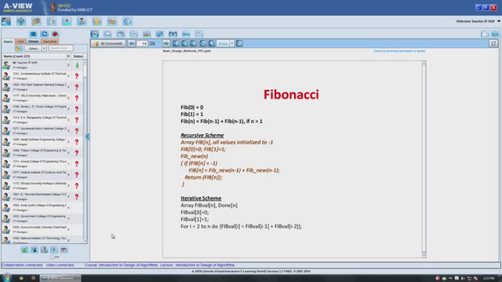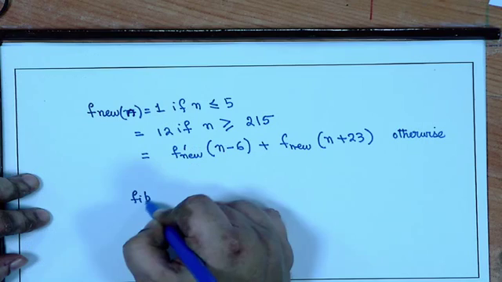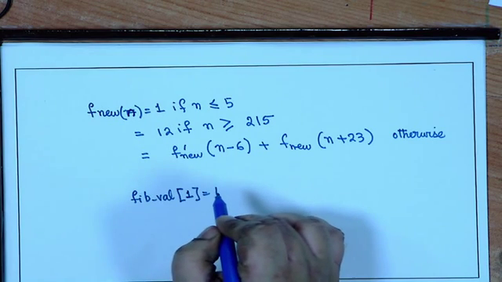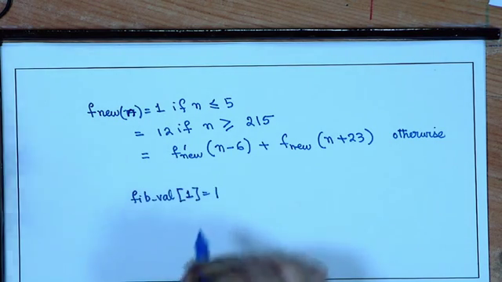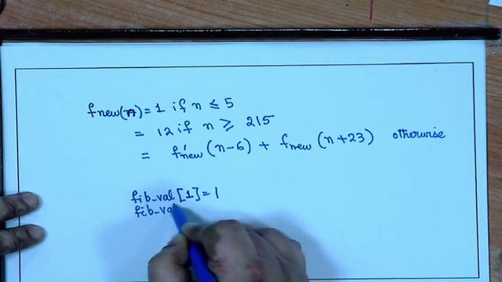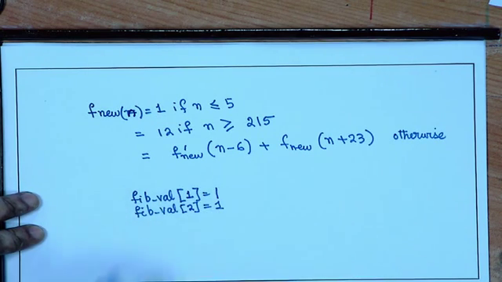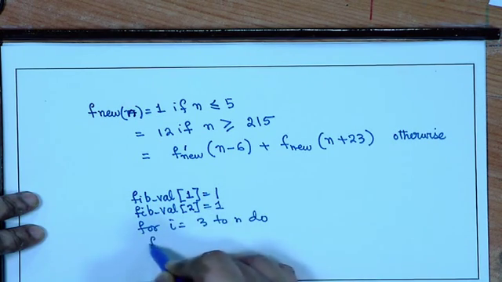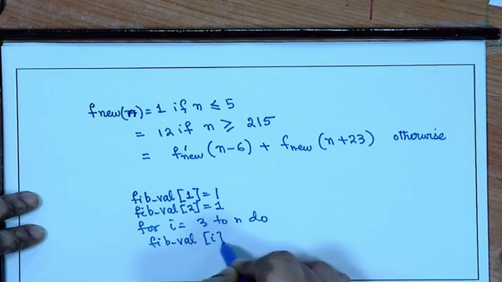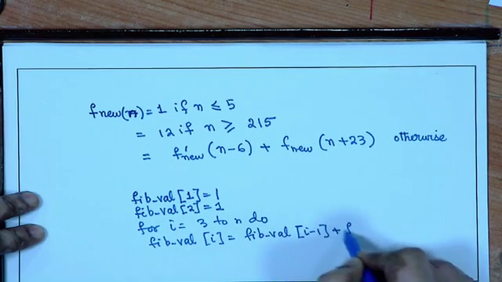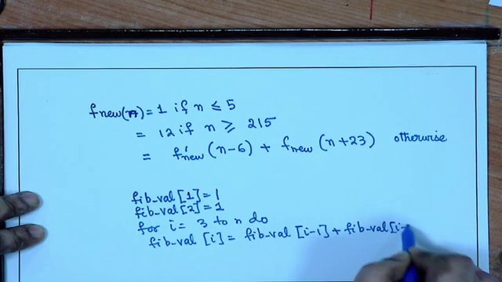For the standard process, all you had to do was take an array fib_val, define the array and initialize fib_val(1) equal to 1 and fib_val(2) equal to 1, which is what we said in our definition, and then for i equal to 3 to n do fib_val(i) equal to fib_val(i minus 1) plus fib_val(i minus 2).